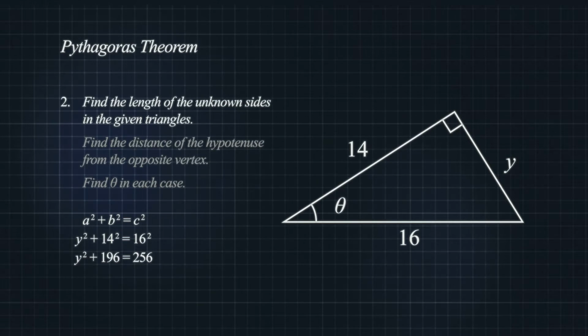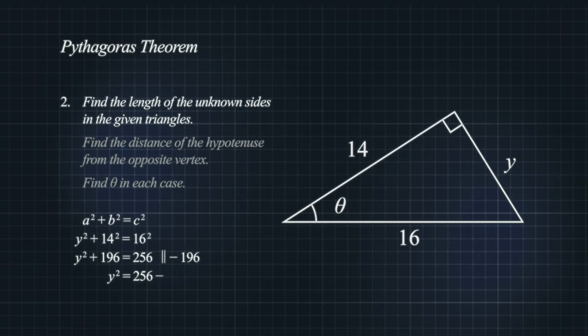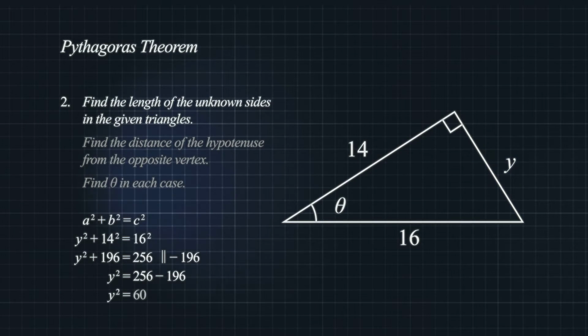We want to find out how much y to the second power is, so we have to remove 196 from the equation. To maintain both sides as equal, we must subtract 196 from both sides of the equation. Therefore, y to the second power equals 256 minus 196. Calculate them together and you get 60.